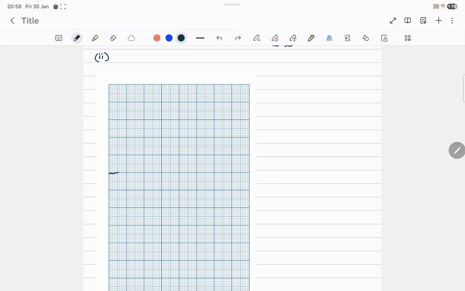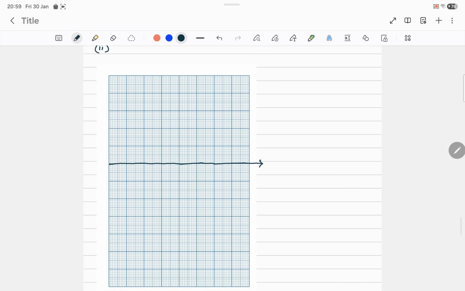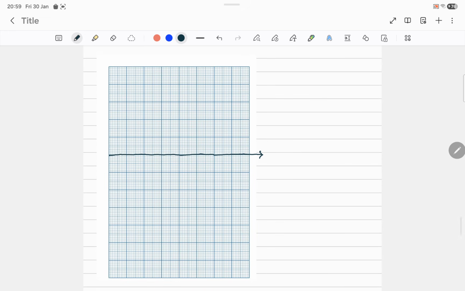It's hard to draw lines here. Right, rough. So that's the x-axis: -1, -2, 1, 2, 3, 4.